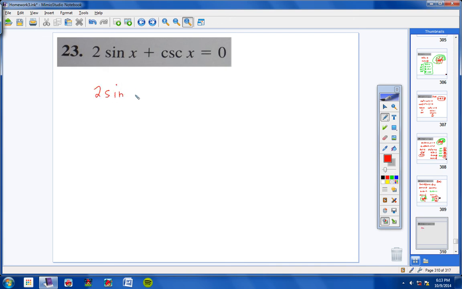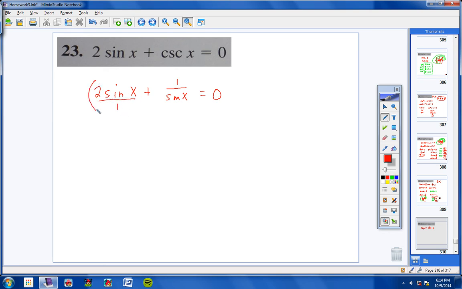So, the first thing I'm thinking of is this. Okay, now next, what I'm thinking is this. What I can do here is find a common denominator and put these two together. So I'm going to put this over 1 like that, and now watch what I do.